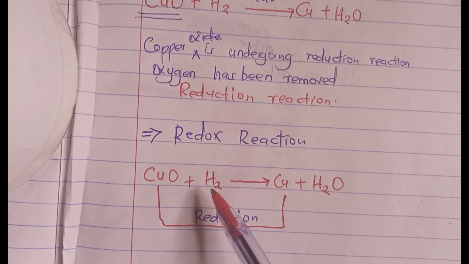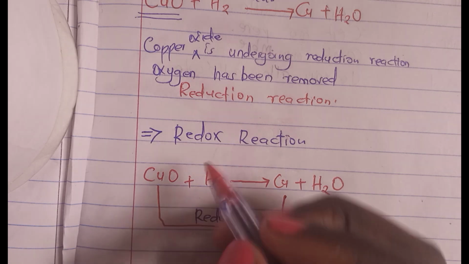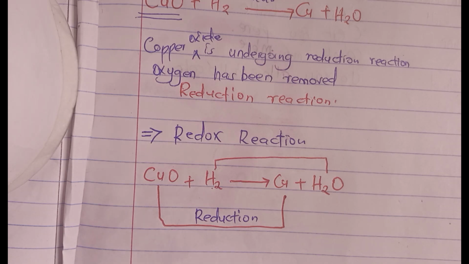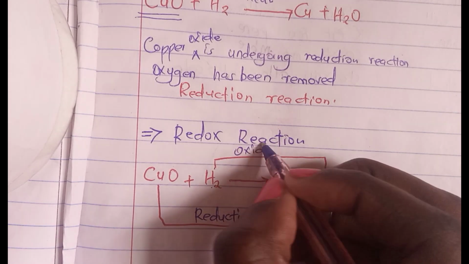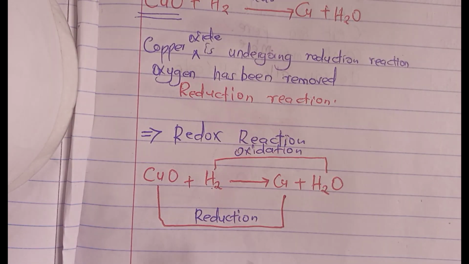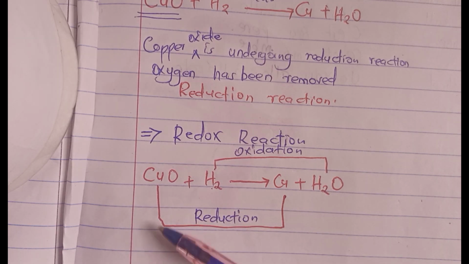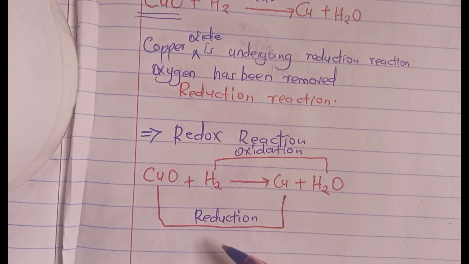We are now adding oxygen to hydrogen to form water. And I've told you, whenever oxygen is added to a substance, that is oxidation reaction. So we are adding oxygen to hydrogen to form water, and we are removing oxygen from copper oxide to form copper. So this is reduction reaction.